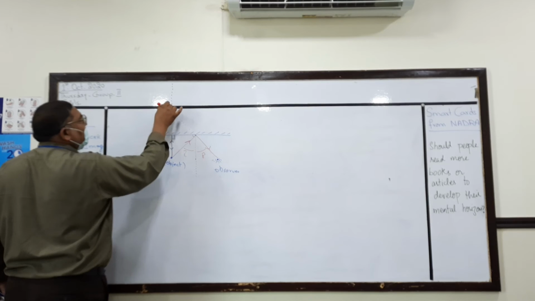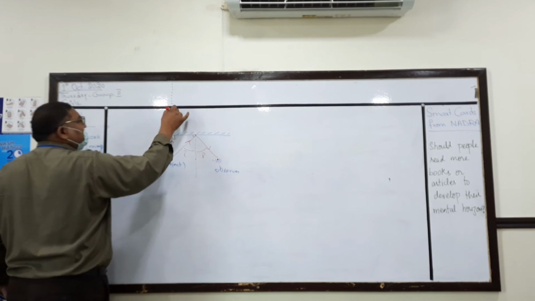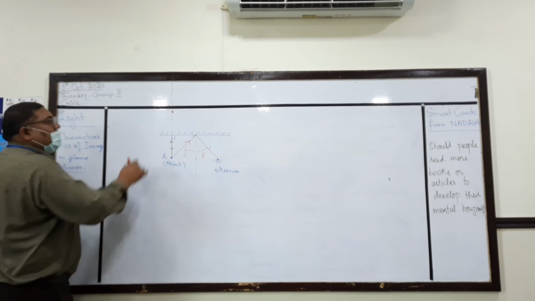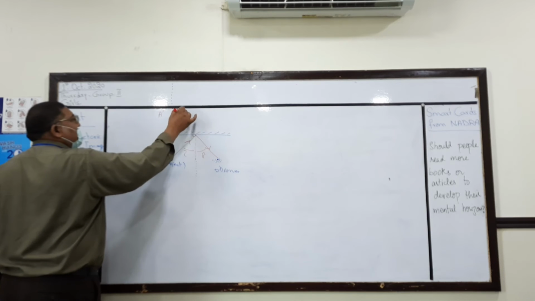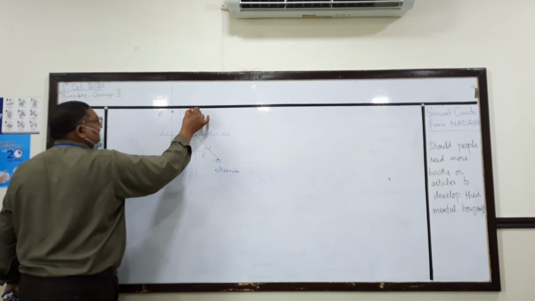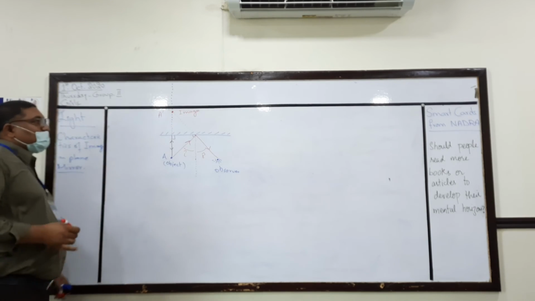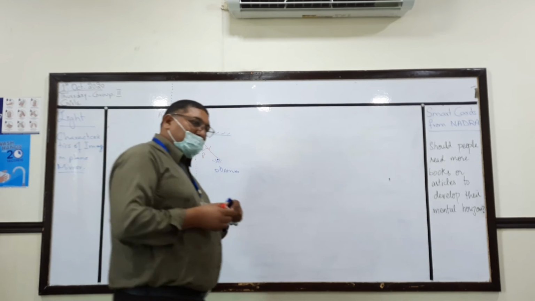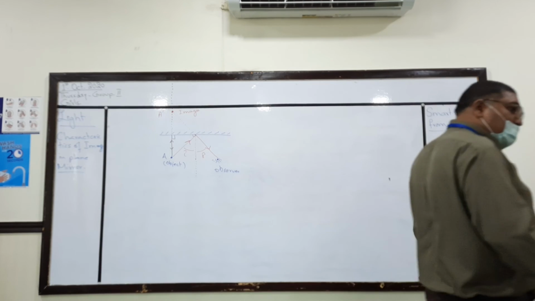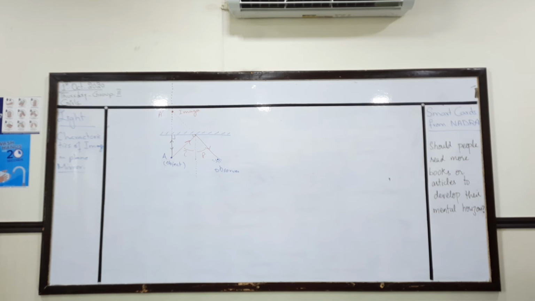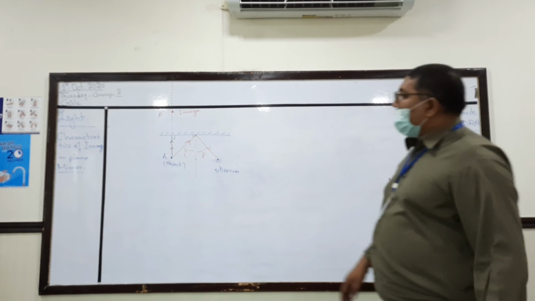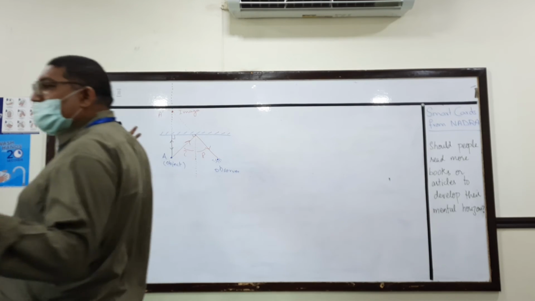Where it intersects the other line, there you will see A prime, that is the image. You understand? Yes. Okay, so let's do another example.